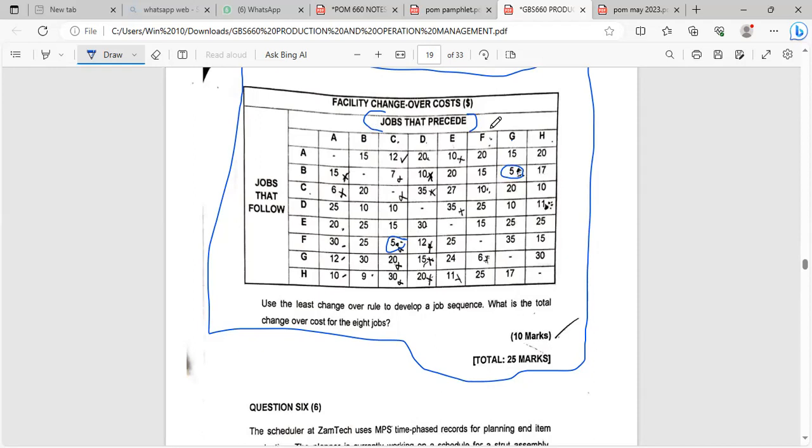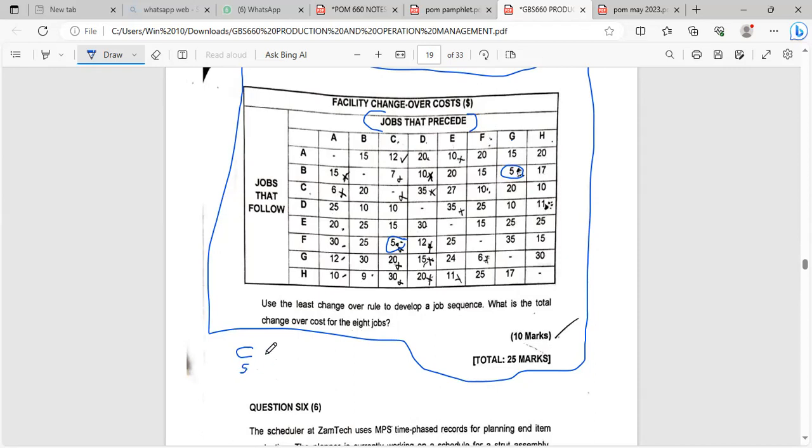A preceding job is a starting job. These are the jobs this side, they are following. So if you start with this 5 here, the starting job will be job C, and the cost is 5.